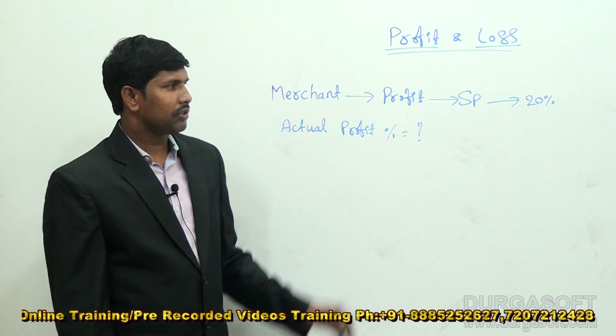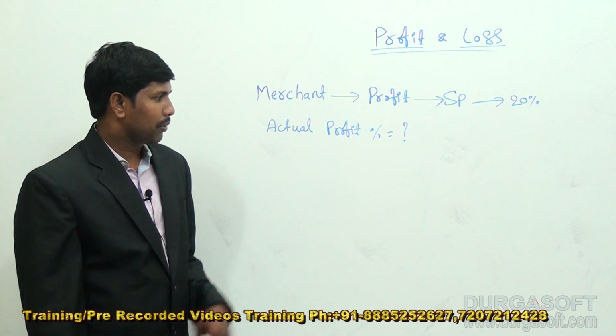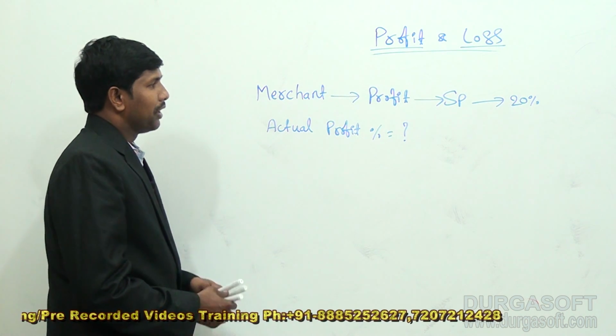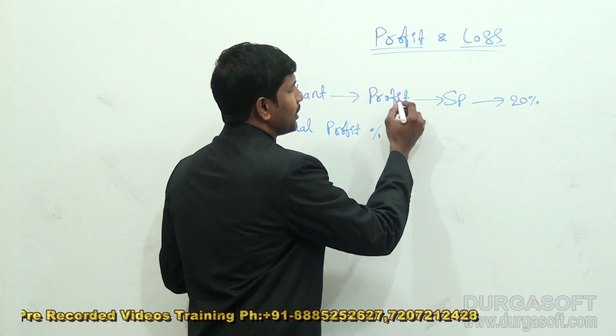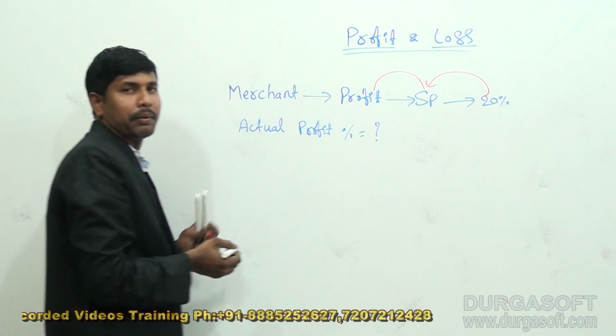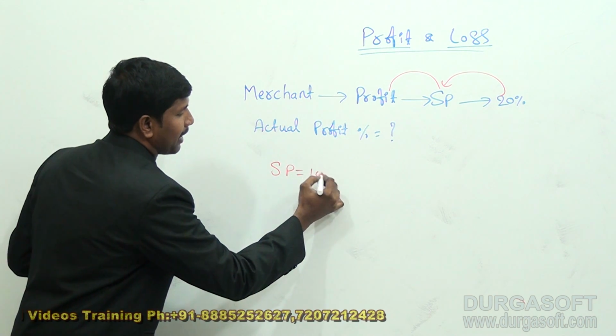For this question you can solve in different ways. Now let me explain the procedure. Here I am going to assume, since the profit is simply 20% of the selling price, that the selling price is 100.